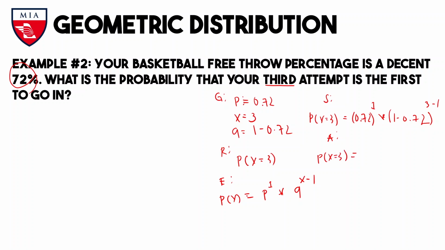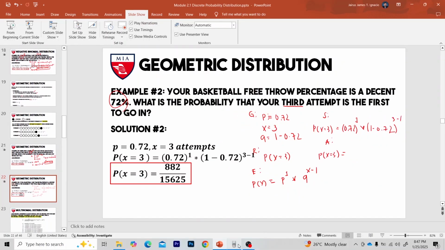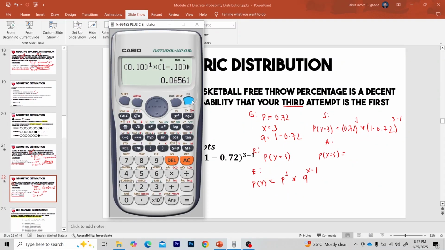So the answer, probability of x is equal to 3. Let's use the calculator again. We have 0.72 raised to 1, which is just the same again, multiplied by 1 minus 0.72 raised to 3 minus 1.